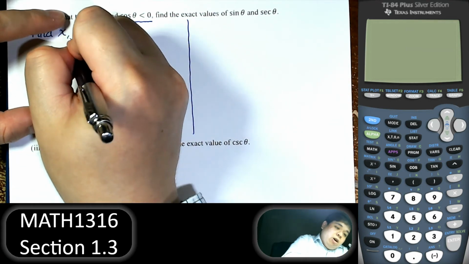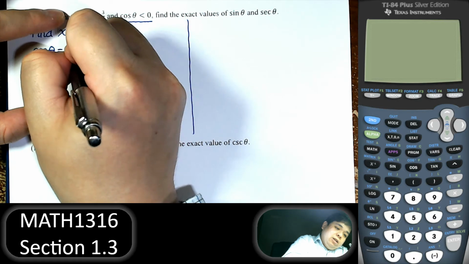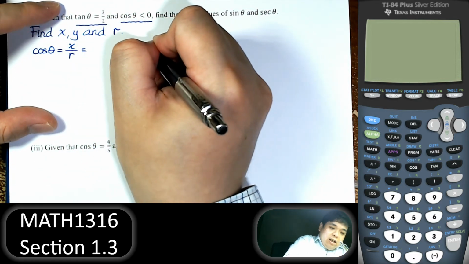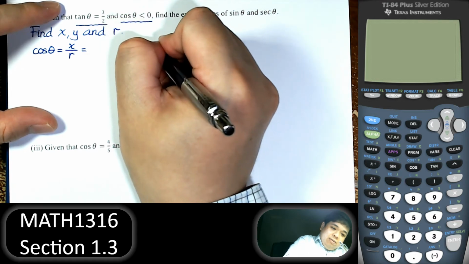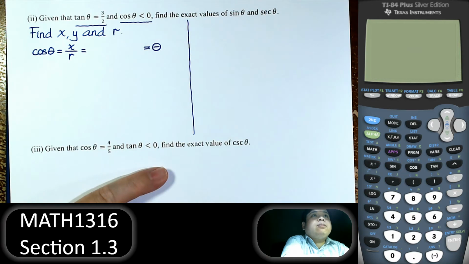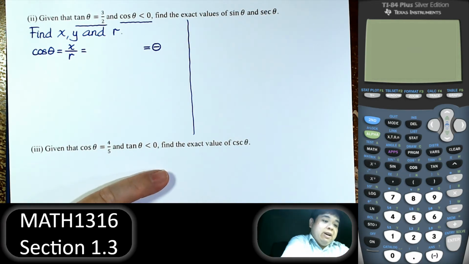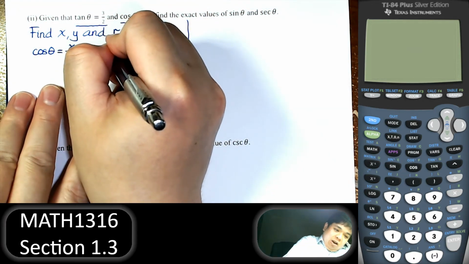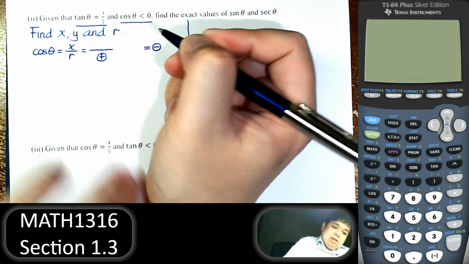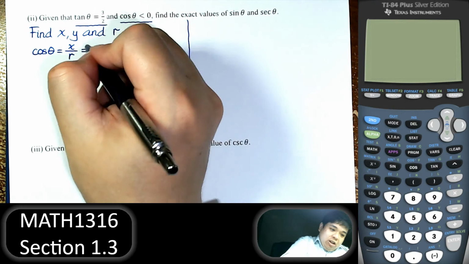Cosine is x/r. We don't know the values, but we know that it is negative, because that's what's given. Now, r is always positive. So what will be the sign of x?